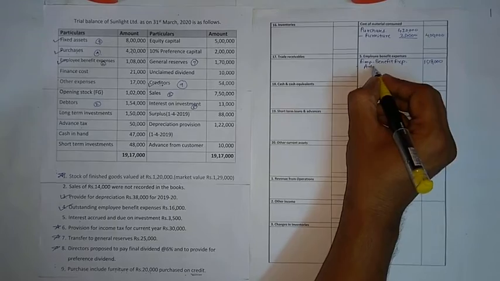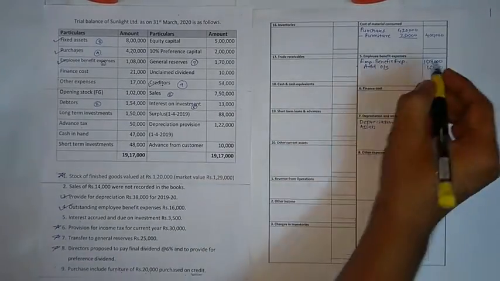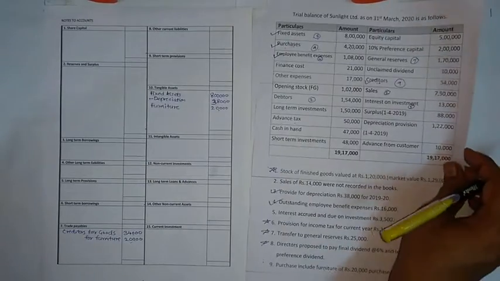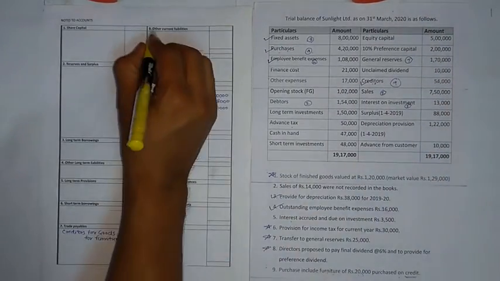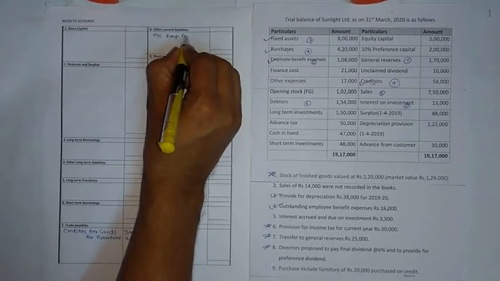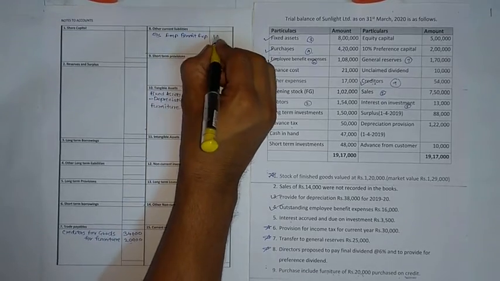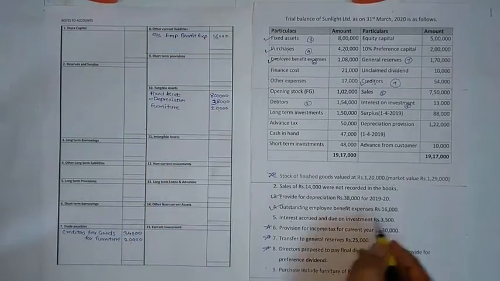So add outstanding 16,000. This outstanding will be shown as other current liability. Outstanding employee benefit expense amount is 16,000. Okay, done.